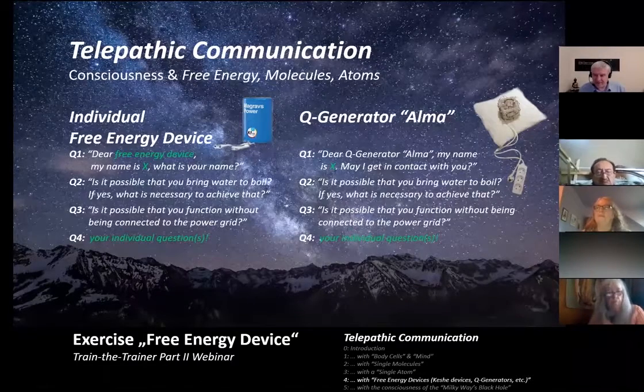We might have participants who are currently building a free energy device, and they have just a few components available at the moment, like wires and capacitors and so on. And then we might have participants today who do not have any free energy device available.